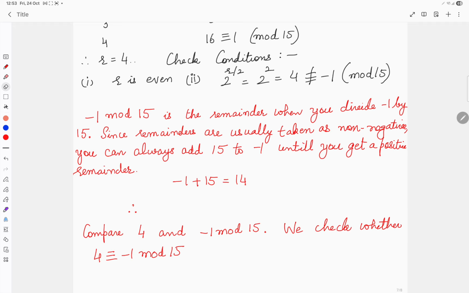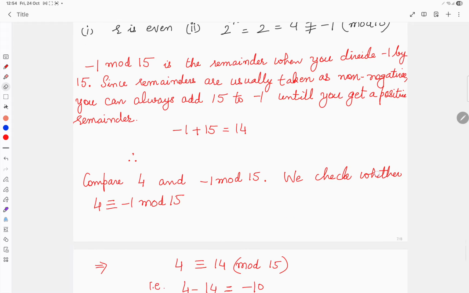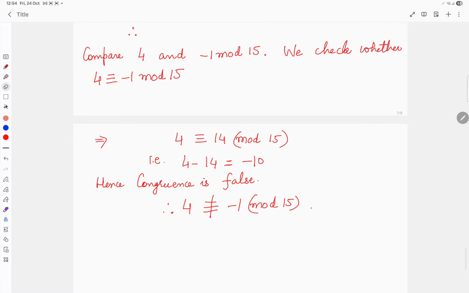Therefore, when we compare, because this expression must hold true, minus 1 mod 15 is 14, and 4 is not congruent to 14. We check whether 4 is congruent to minus 1 mod 15. So we have to basically check the meaning of minus 1, which is 14.